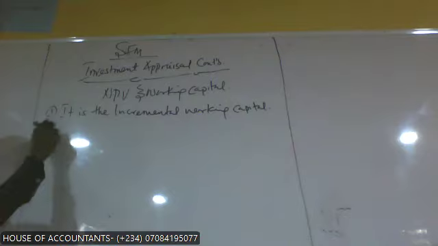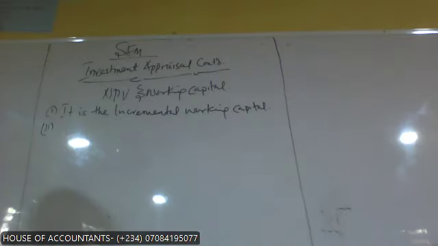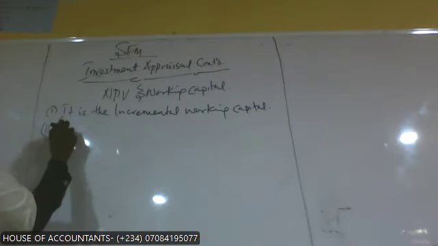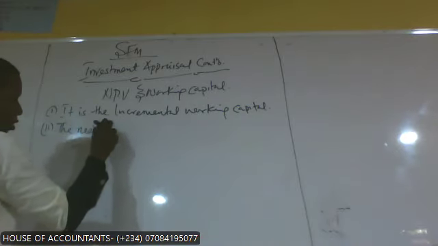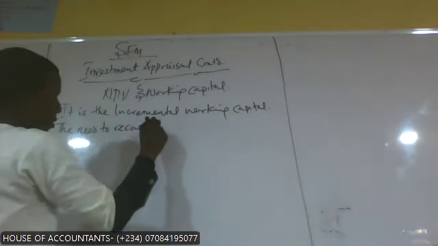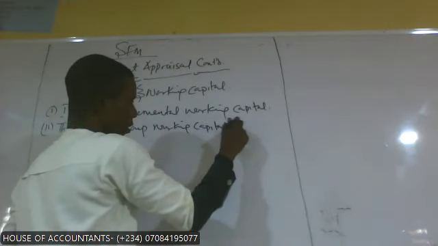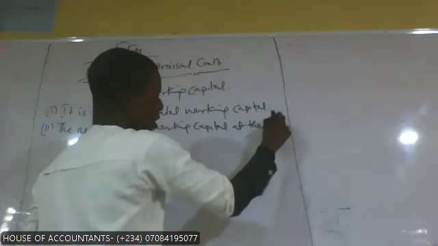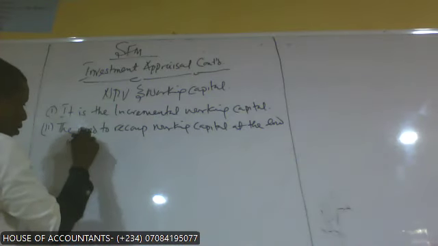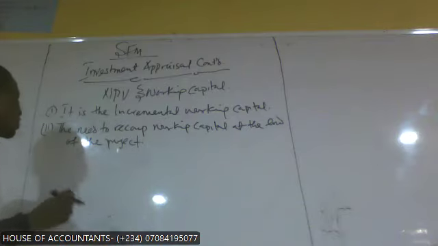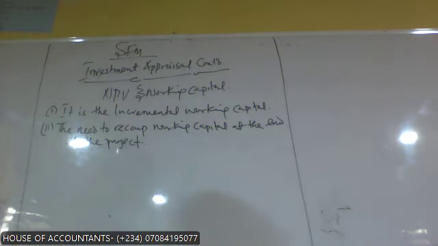The second part that is relevant to NPV is that you have to recoup your working capital at the end of a project. So these are the two statements that speak to working capital.